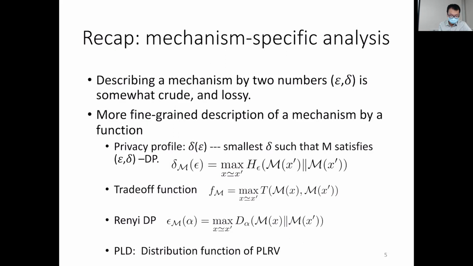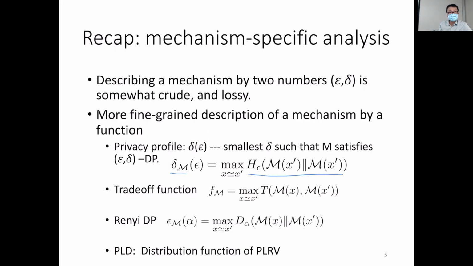A privacy profile, say of the Gaussian mechanism, not just satisfies epsilon delta DP for one single delta and epsilon, but also satisfies epsilon delta DP for other pairs of epsilon and delta, and this captures them all. So the privacy profile of a mechanism M is defined to be the pointwise maximum of its hockey stick divergence for all pairs of neighboring datasets.